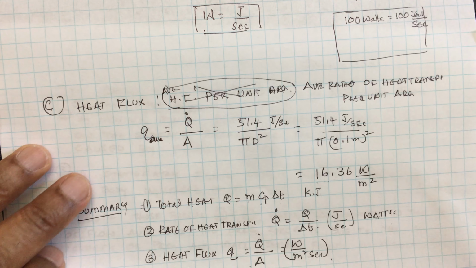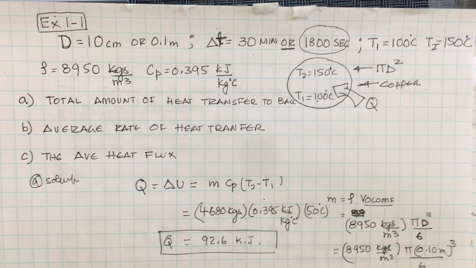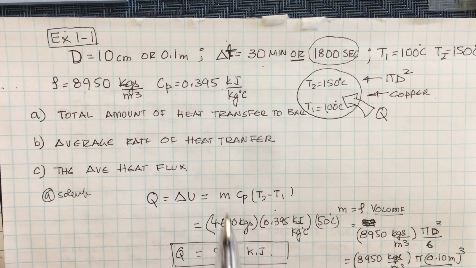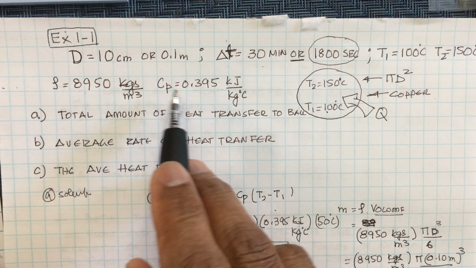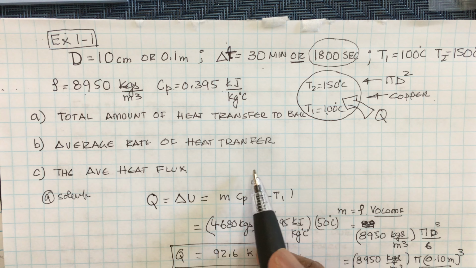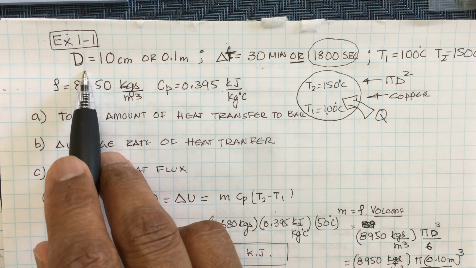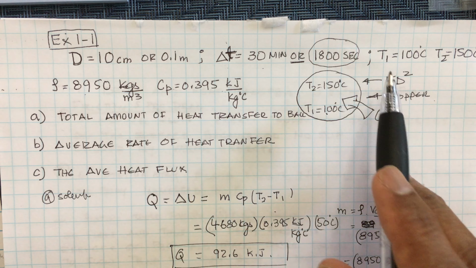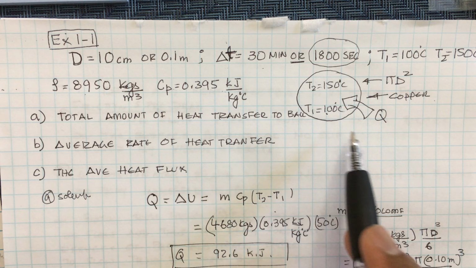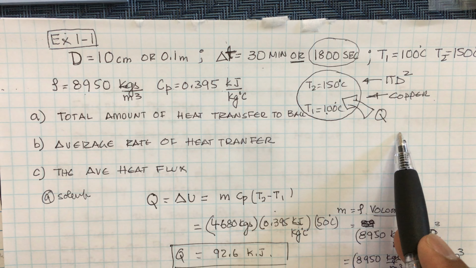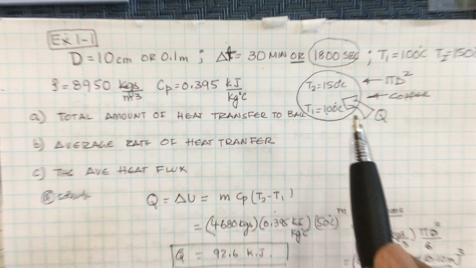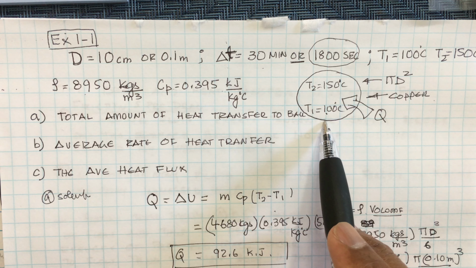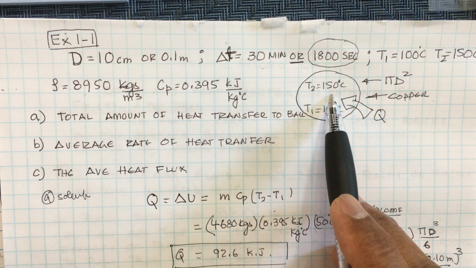So, going back and reviewing the problem one more time. Luckily, he has given you the density, so you don't have to go and look for the tables. But you have to make sure of conversion to meters and time in seconds. That's how the joules are defined: watt equals joules per second. And temperatures are given, so that means you have to find how much heat to add to the copper ball to raise the temperature from 100 degrees to 150 degrees.